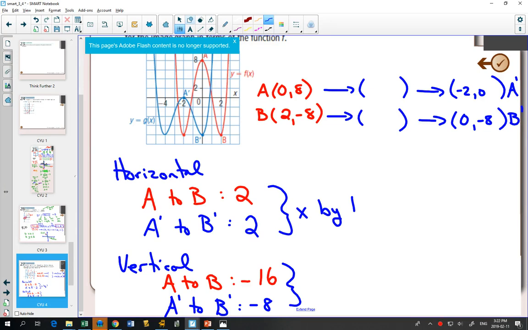How do I get from 16 to 8? It's telling me my y values have to have been multiplied by a half. And I can now go above this arrow and add that in. If I multiply my y values by half, I can fill in these points now. I know it would go to 0, 4 and 2, -4.